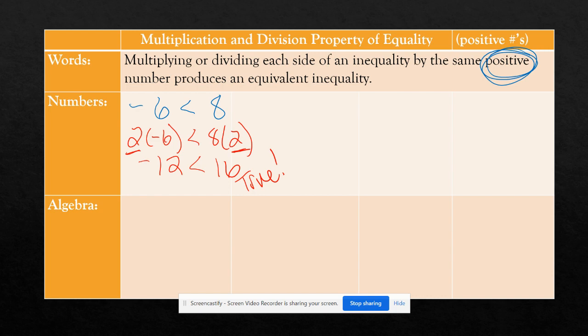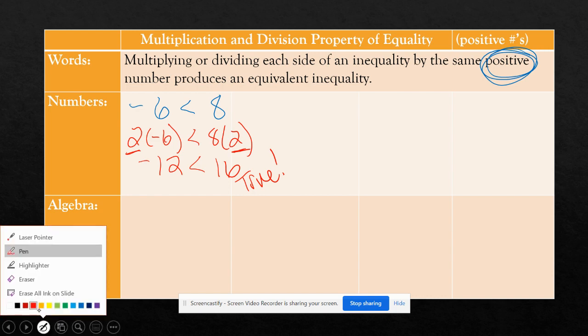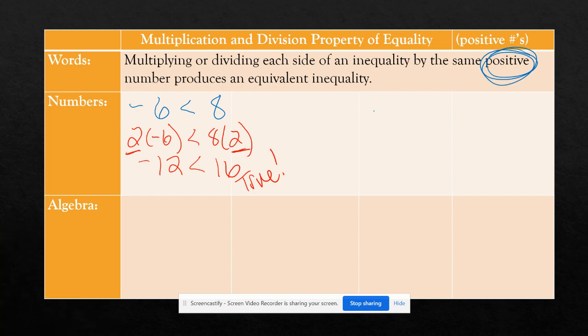So I take the same expression, 6 is greater than negative 8 this time, and now I want to divide both sides by 2. 6 divided by 2 is 3.